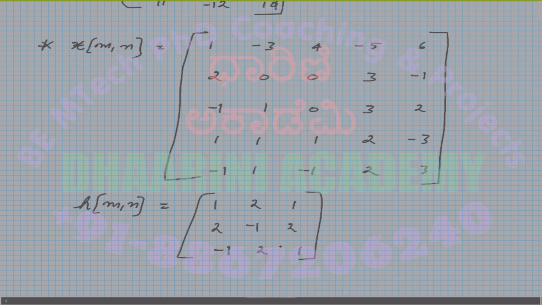Okay, so this is a 3 cross 3 matrix. Second one, and the first one is a 5 into 5.